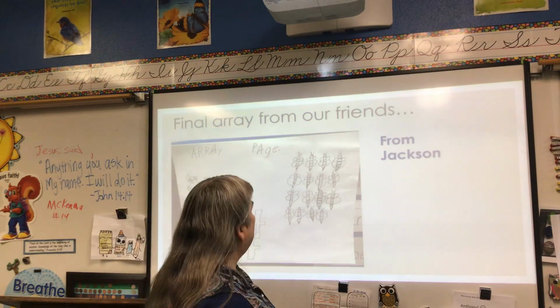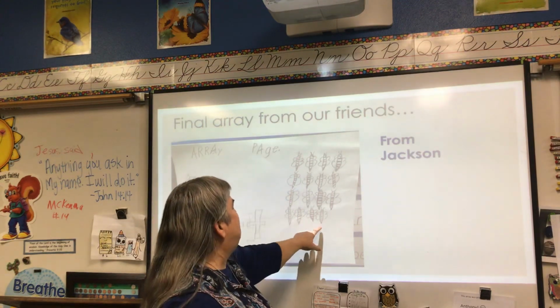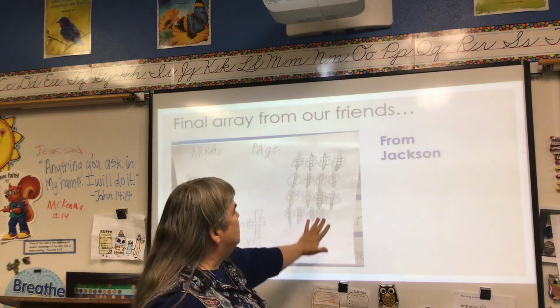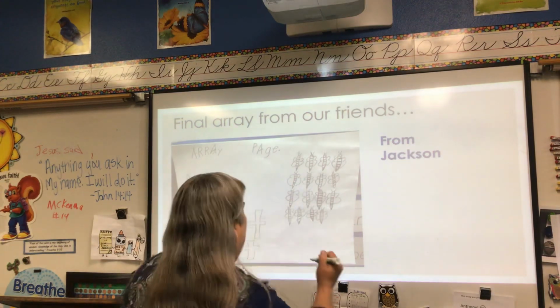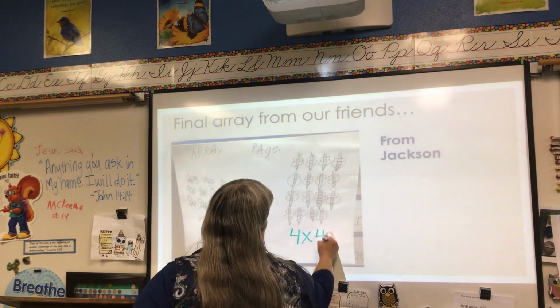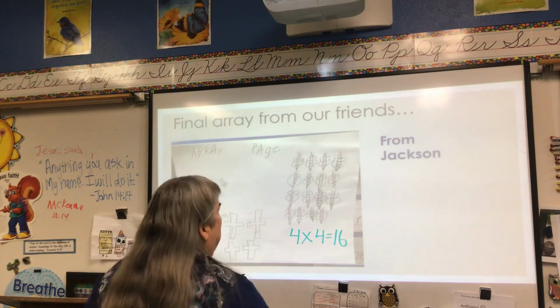Looks like it. Or butterflies. Either one. But I think it's bumblebees because it has the stripes and the stinger. So this is 4 sets of 4. So I'm going to write that one down. 4 times 4 is 16.